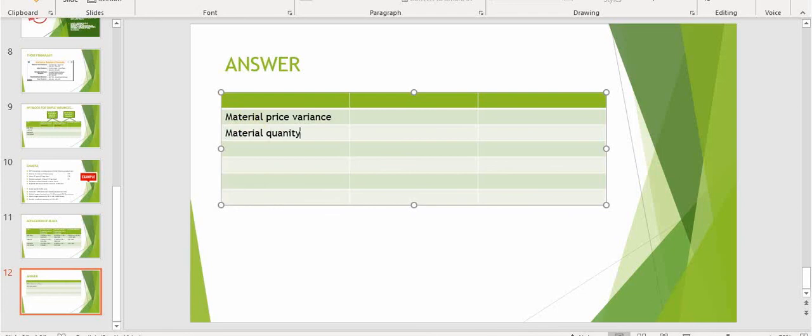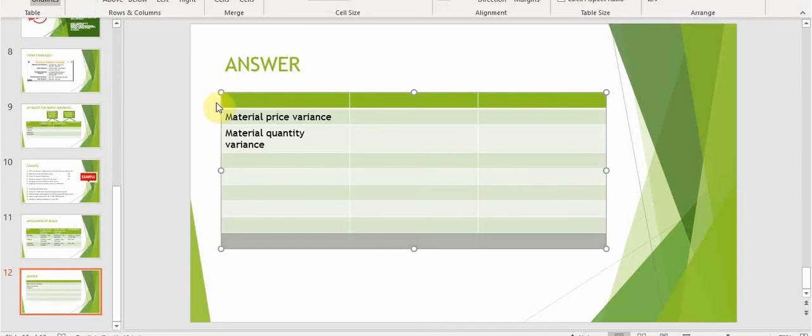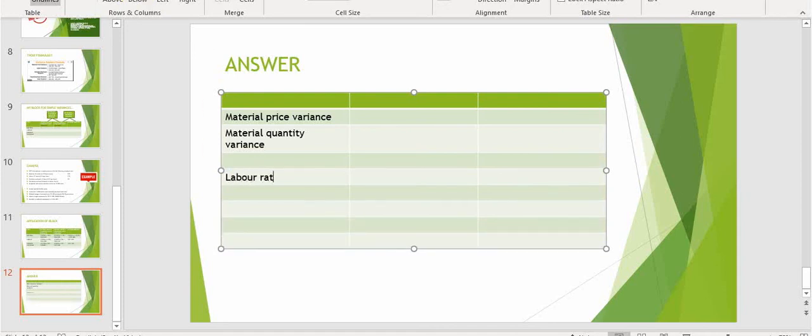And I just like to list my variances always because you actually do get marks for knowing the proper names of the variances. Then there's a labor rate variance, which is the monetary variance of labor. And then there's a labor efficiency variance.